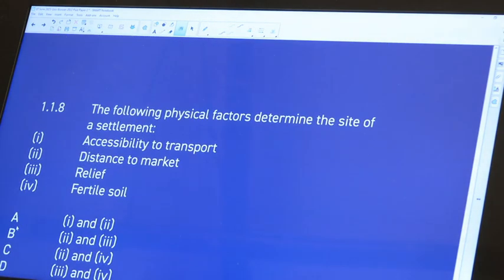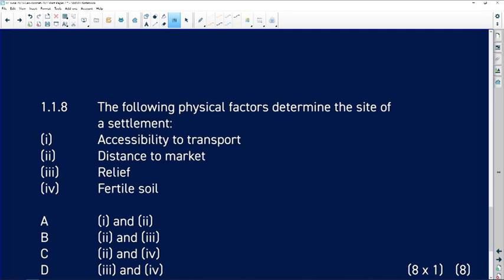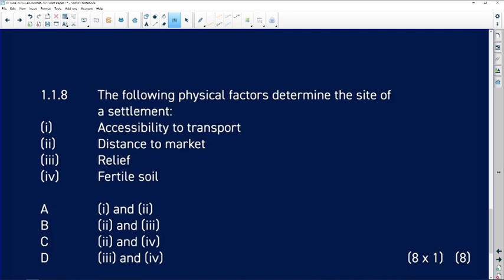If we quickly have a look at question 1.1.8, the following physical factors determine the site of the settlement. Now we discussed this: the accessibility to transport, the distance to the market, relief, and fertile soil. When we look at the site, we need to look at the soil fertility and the topography.